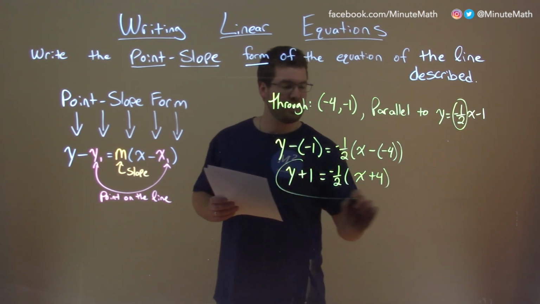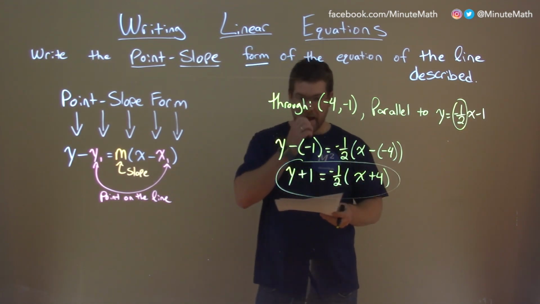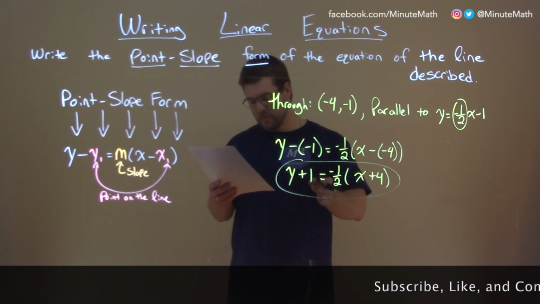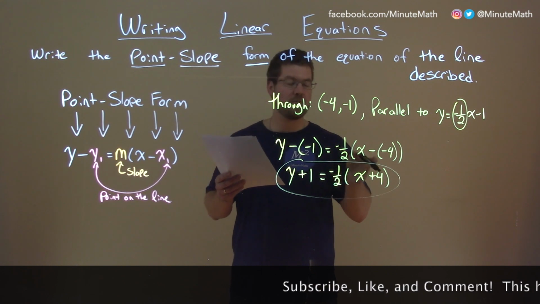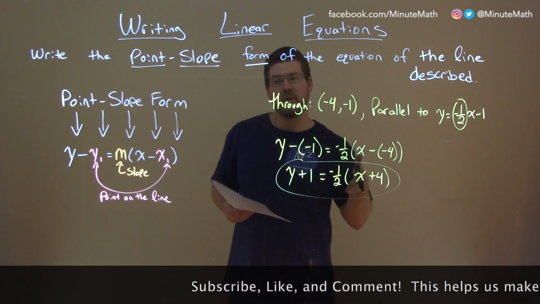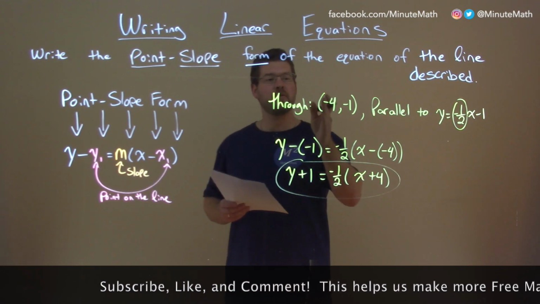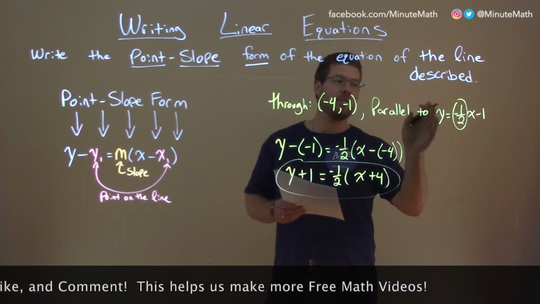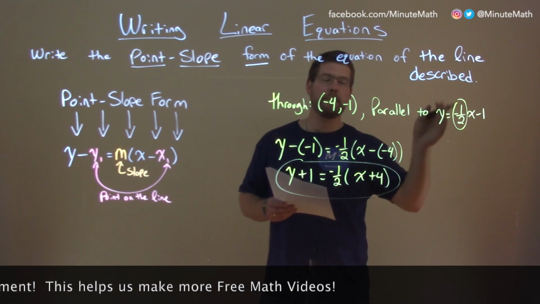And now our answer is basically done. We have it in point slope form. Y plus 1 equals -1/2 times x plus 4 in the parentheses is our equation in point slope form that goes through this point, -4, -1, and is parallel to y equals -1/2 x minus 1.